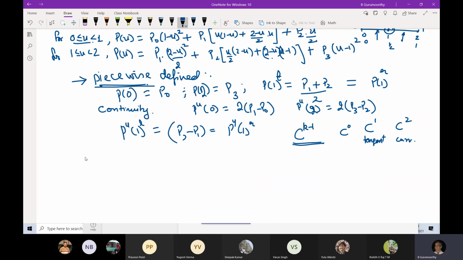the k value can go from 2 to n+1. So here n is equal to 3, correct? So I had these 4 points, so n is equal to 3.